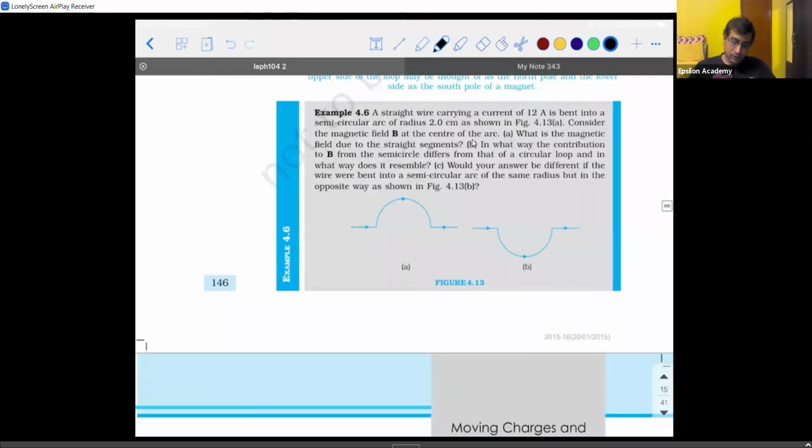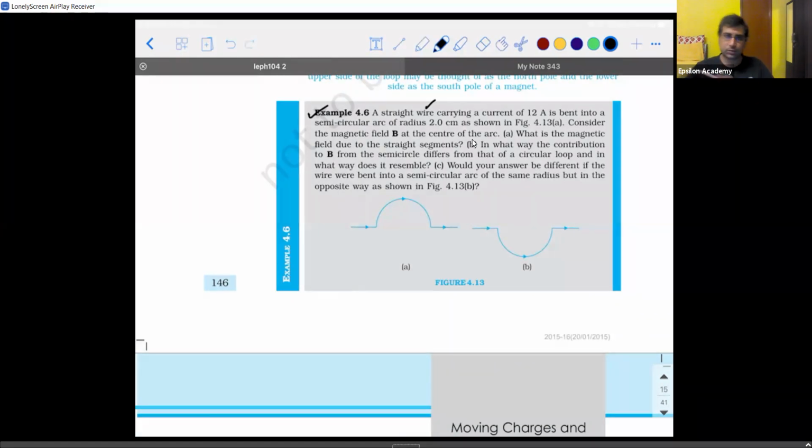Okay, listen. So example 4.6: a straight wire carrying a current of 12 ampere is bent into a semicircular arc of radius 2 centimeter as shown in the figure. Consider the magnetic field B at the center of the arc. What is the magnetic field due to the straight segments?